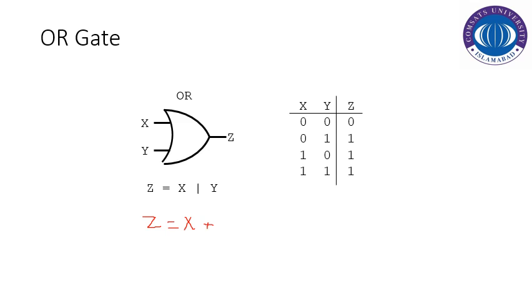X plus Y. Here this plus is not an addition operation. Basically, you have to be very careful. X is not added with Y. This is the OR operation in Boolean algebra. It is not equal to arithmetic addition.